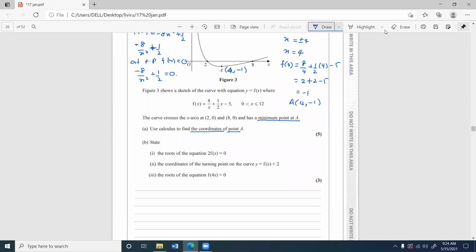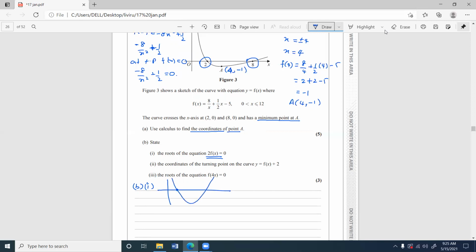Then part B, 1. State the roots of the equation y equals 2f(x). 2f(x) means all the y coordinates are multiplied by 2. Even with the new alteration, the graph would be like this.